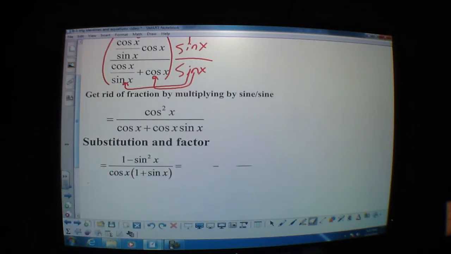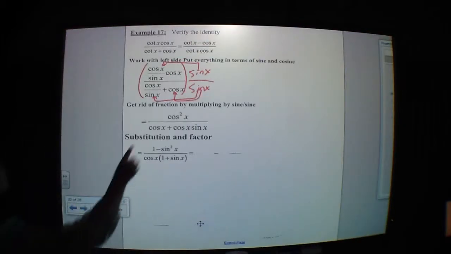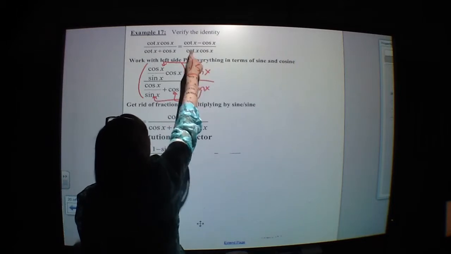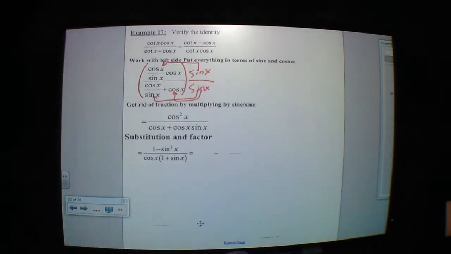I factored out a cosine from the bottom. And now I'm going to make it larger so you can see where we want to go. Look where we're going. We have a cosine times a cotangent in the bottom. We have a cotangent minus a cosine in the top. That is where we're going.